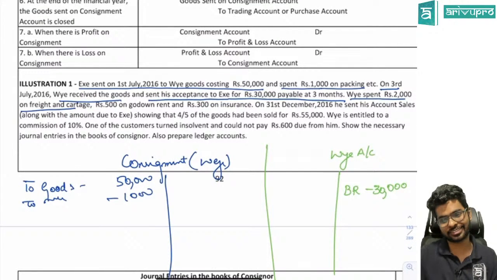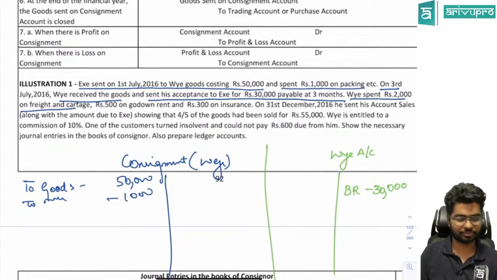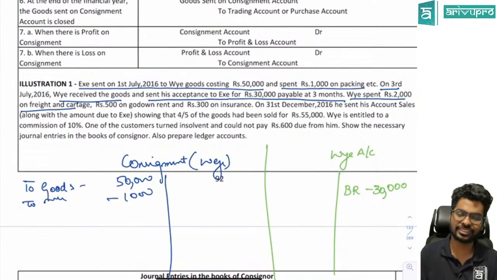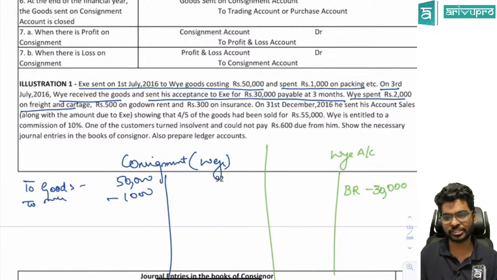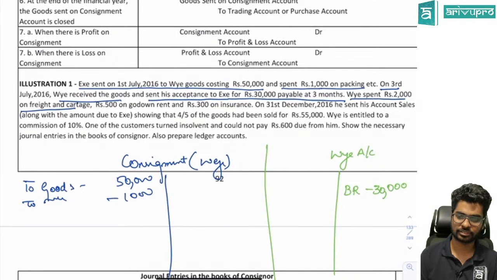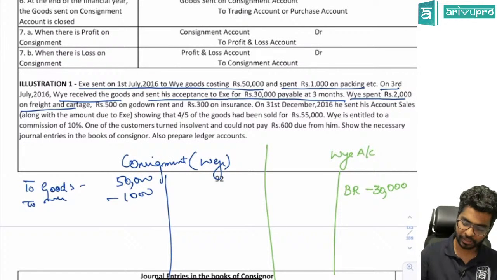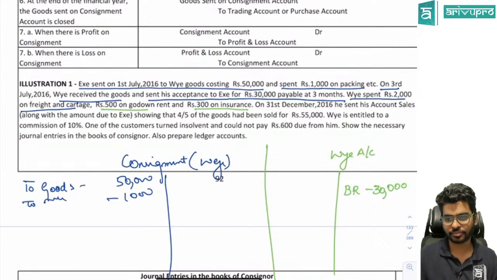Chirag, you can write, sir. But consignee, when you're learning as a student, you get confused. I can do it now because I've done this again and again, but as a student, I had a terrible time on this chapter. Guys, what's going to be the journal entry? Y spent 2000 on freight and cartage, 500 on godown, 300 on insurance.